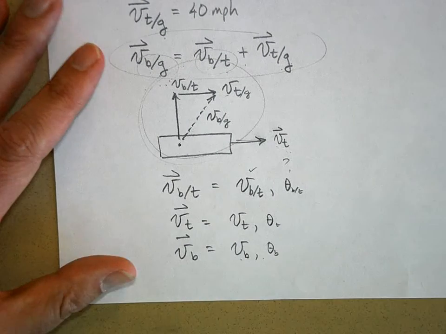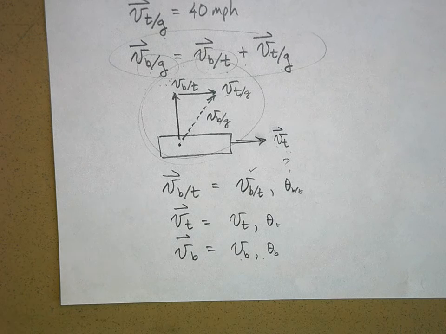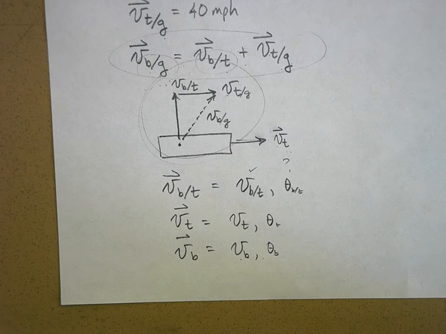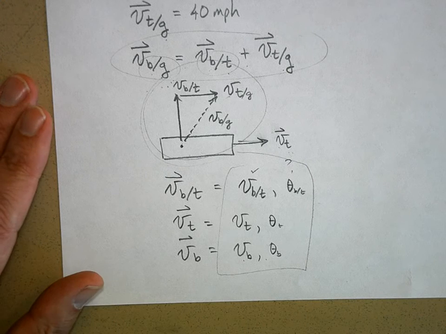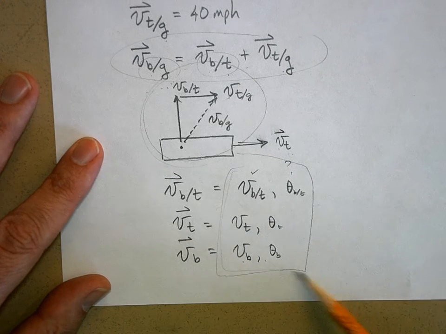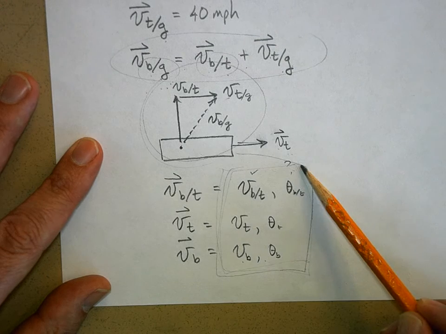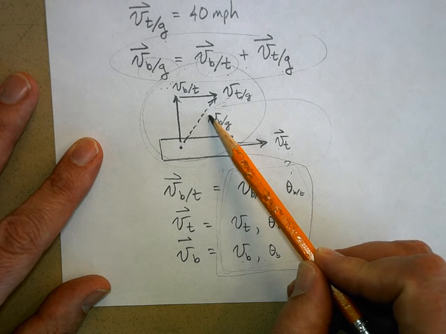Okay? So when you work a problem, here's a strategy. When you're working a relative velocity equation, figure out what the ground is. It's usually just the ground. Figure out what your moving reference frame is, and then figure out what the object is, and figure out what they're giving you. And there are 6 different things they could give you. Then take what you're given and try to draw this triangle from it.